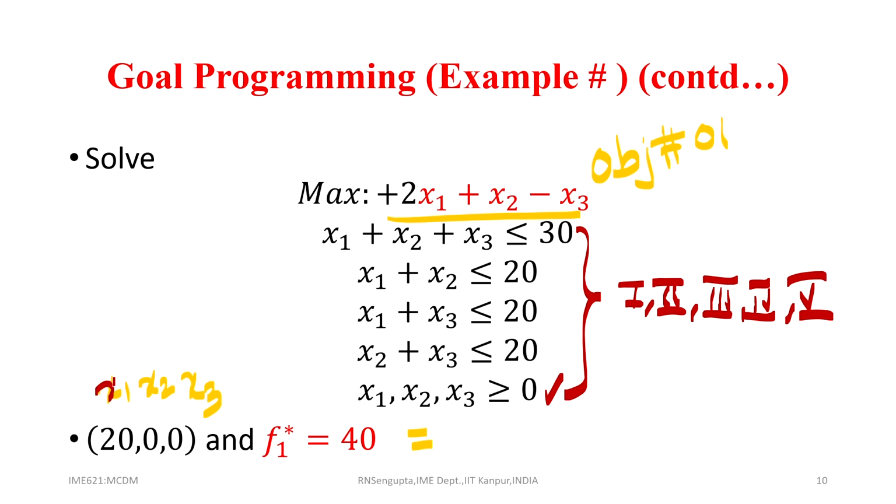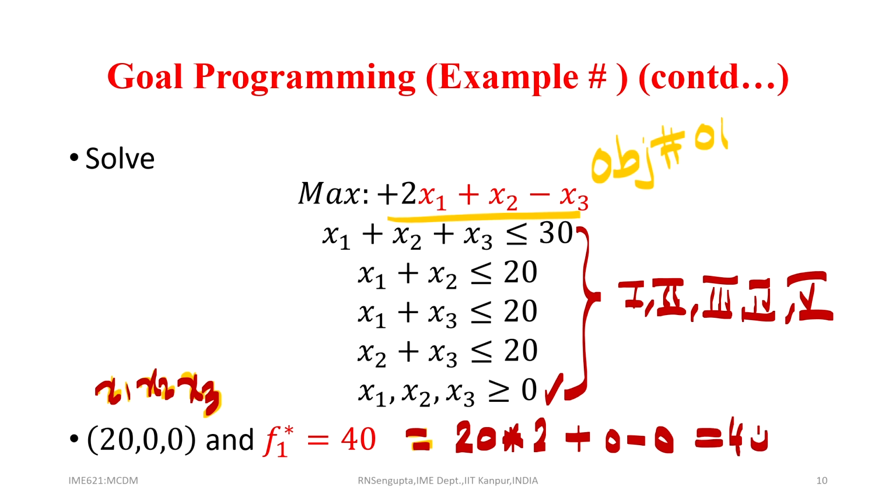This is x 1, x 2, x 3, and the solution is 20 into 2 plus 0 minus 0 is equal to 40. So, this is the value of 40.